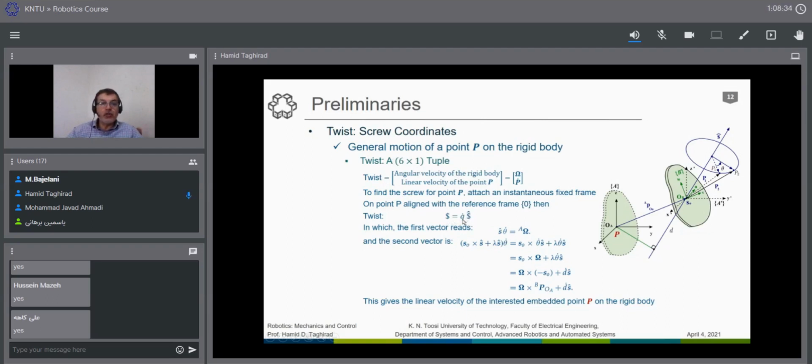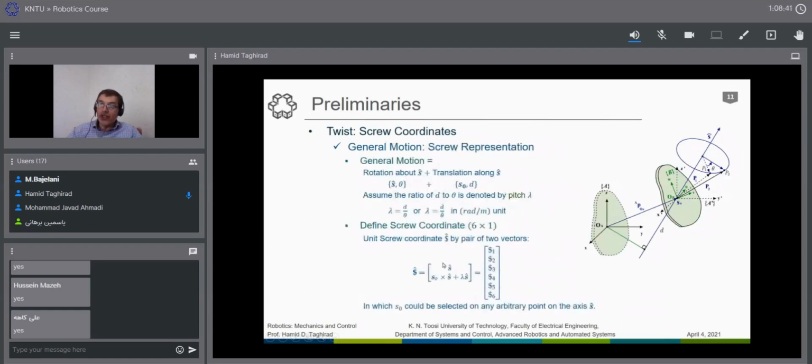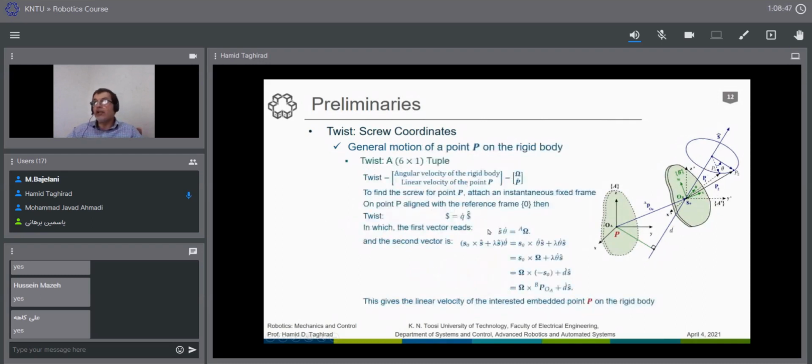And I would like to show that if we multiply q dot by this definition, we reach angular velocity and linear velocity. The angular velocity is very simple. Look at that.